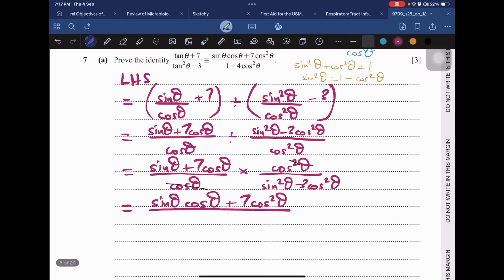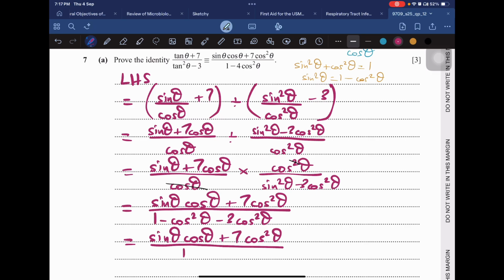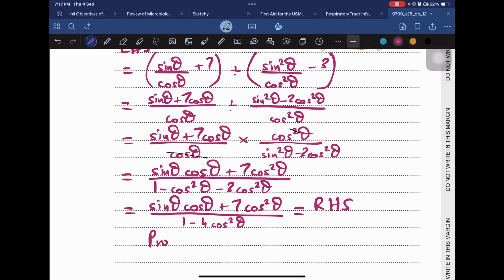So I'll just use that over here. I'll replace sine square theta with 1 minus cos square theta, and then we have minus 3 cos square theta. This becomes sine theta cos theta plus 7 cos square theta on 1 minus 4 cos square theta, which is equal to the right-hand side. So proved.